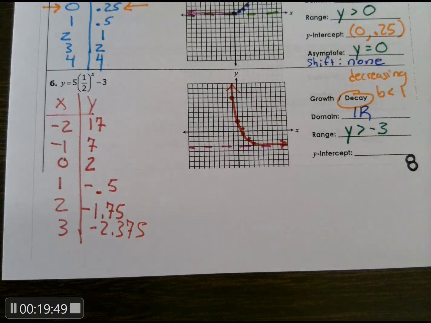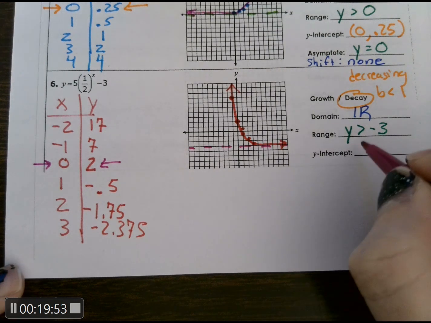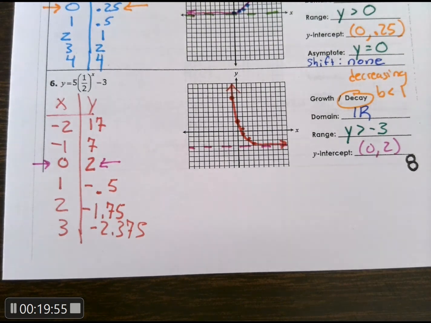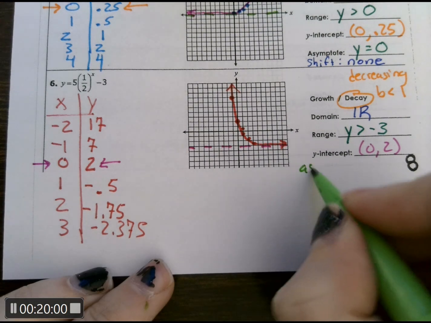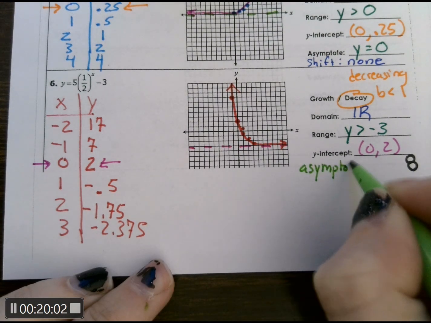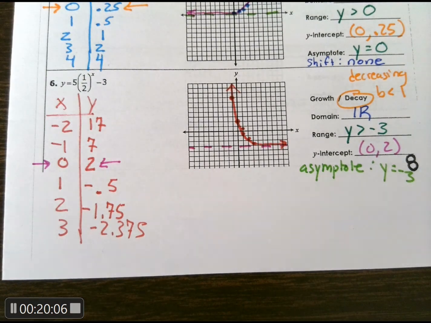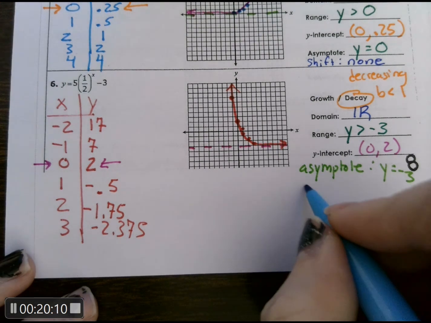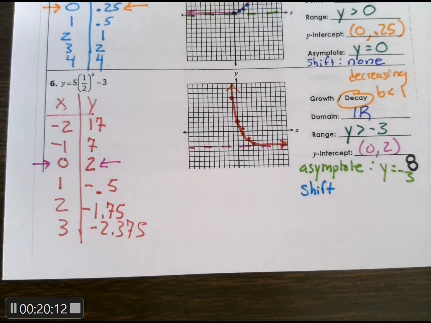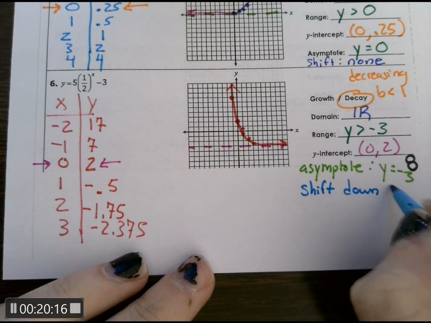My y-intercept is 0, 2. My asymptote is y equals -3. And then my shift, what do you guys think? Is down 3. Good.